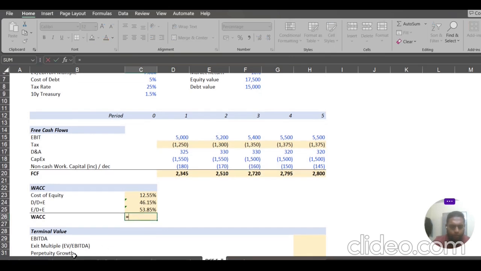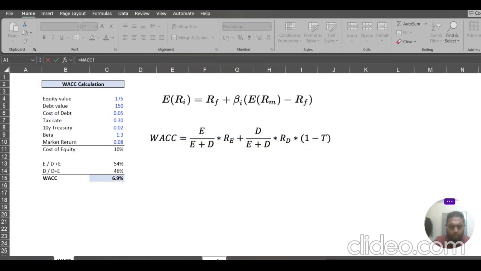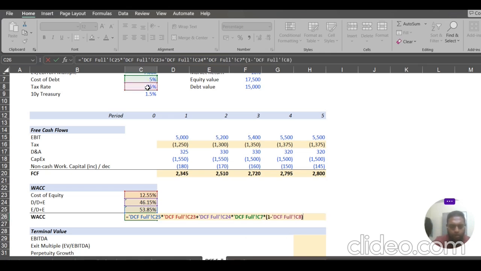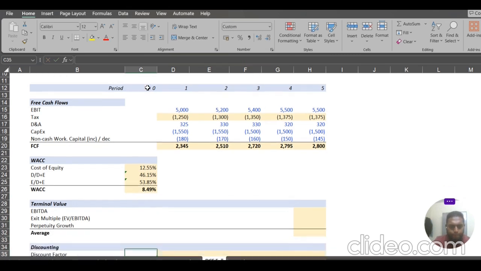WACC calculation is basically equity part into cost of equity plus debt part into cost of debt into 1 minus tax rate.